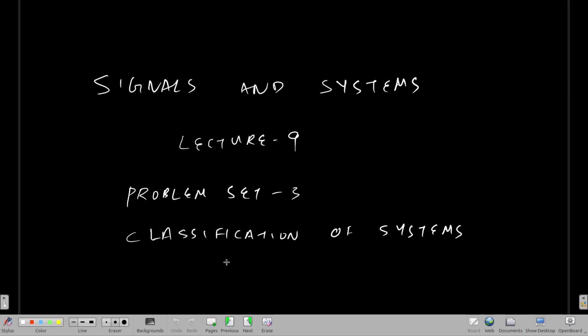In this lecture, we will be covering some example questions for classification of systems. In the last lecture, we discussed what a system is and the different properties that a system can hold. We defined a system as something that takes in an input, does some process to the input, and gives an output.